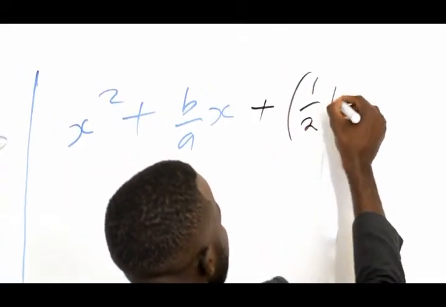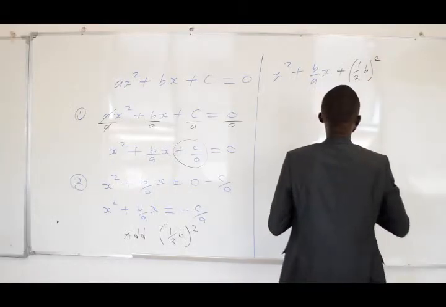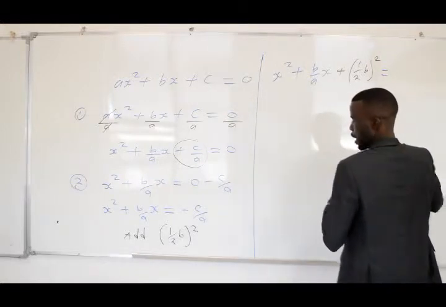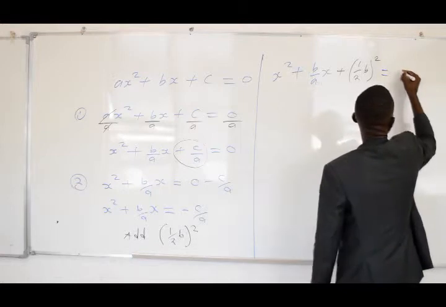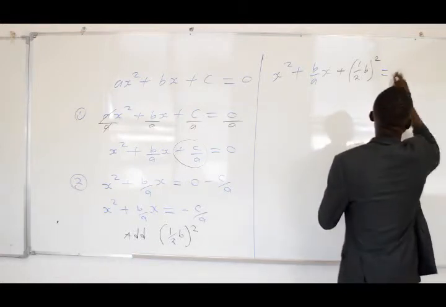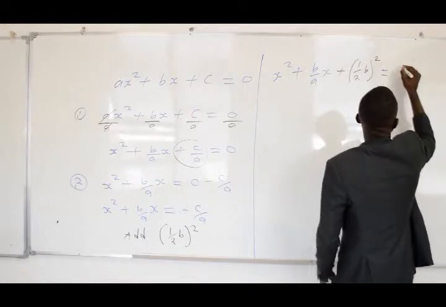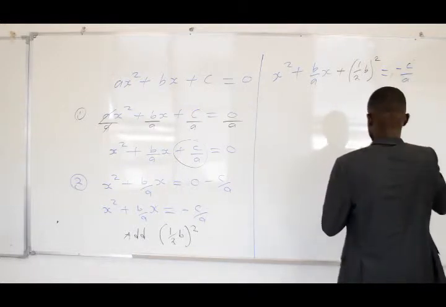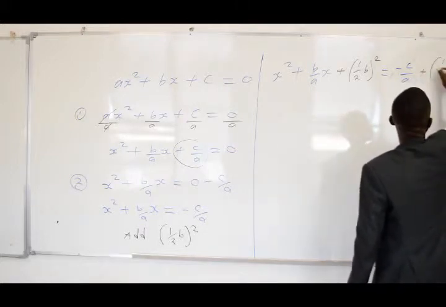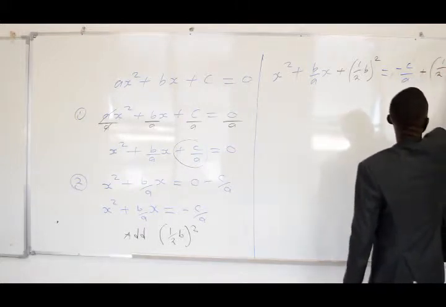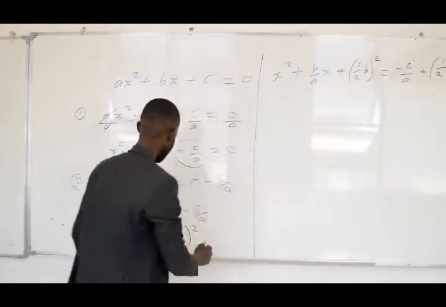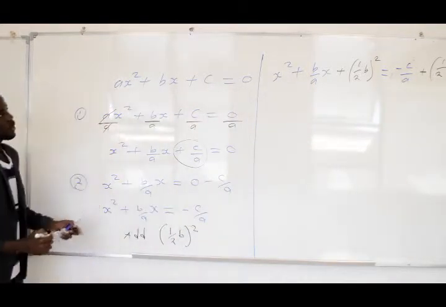We'll add it to both sides, and then it is equal to negative c over a, plus again the same thing on this side, which is 1 over 2 b squared. Just like that, I can cancel them and come back to the original equation. There is nothing we are doing.